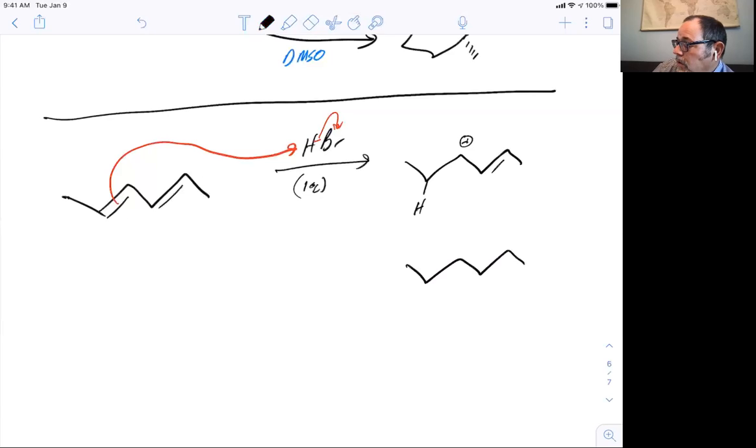That first addition could be to the terminus, either here or here, both would be the same, or it could be the internal, right? So when we think about a conjugated diene system, we have either internal or external addition.